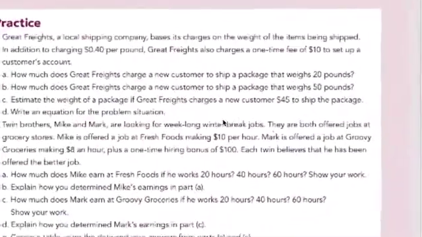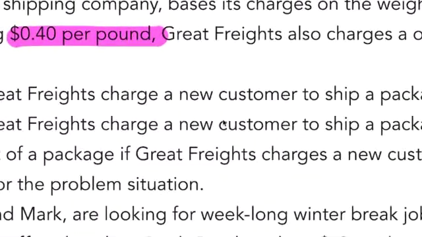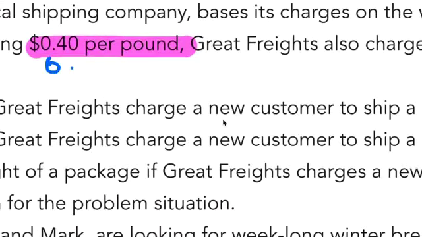Okay. Great Freight, a local shipping company, bases charge on the weight of the item being shipped. They charge 40 cents per pound, so each pound is 40 cents. Depending on the number of pounds, the weight determines the cost.